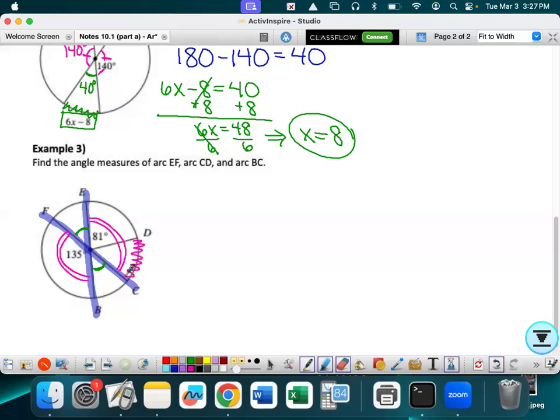Reason being is because I know that the 81 plus this missing angle measurement should get me the same as what I have over here on the left side, the same pink double arc mark, which is 135. So to figure out my question mark, I would do 135 minus 81.